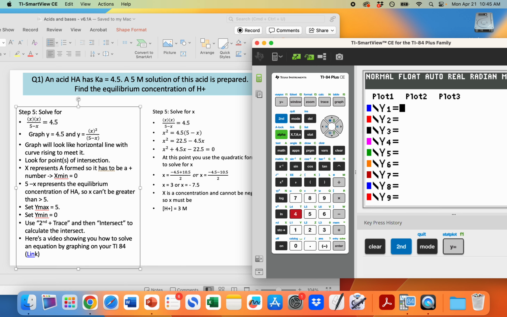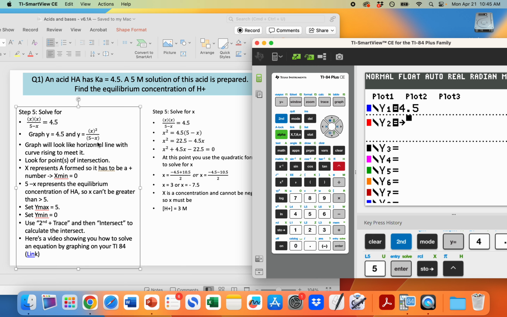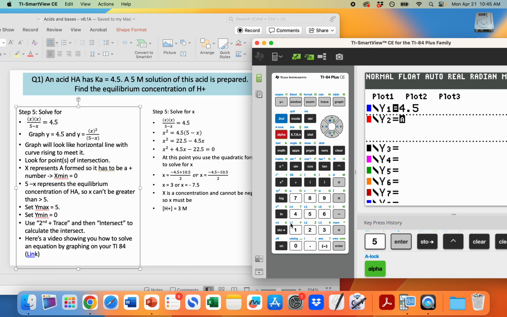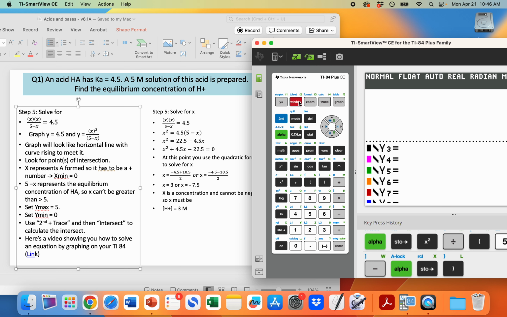So I'm just going to type in y equals 4.5 and y equals x squared, alpha x, squared, divided by 5 minus alpha x, close parentheses.